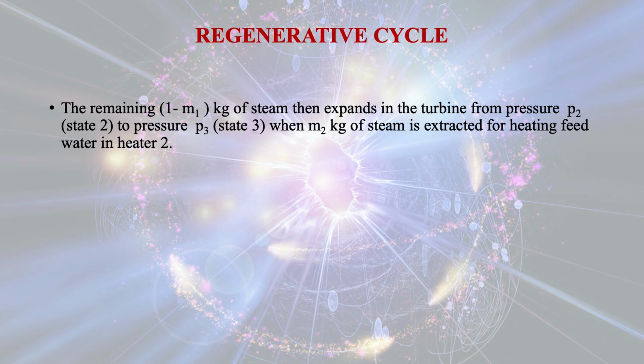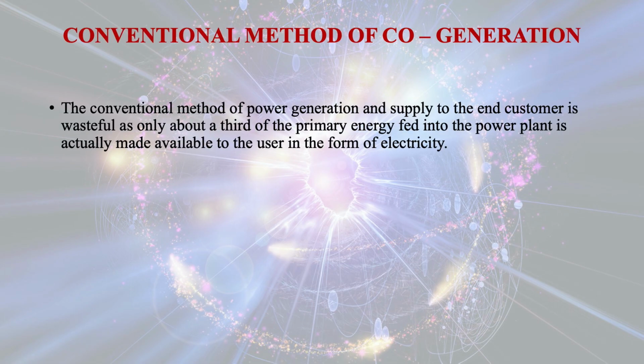When m2 kg of steam is extracted for heating feed water in heater 2, 1 minus m1 minus m2 kg of steam then expands in the remaining stages of the turbine to pressure P4, gets condensed into water in the condenser and then pumped to heater 2, where it mixes with m2 kg of steam extracted at pressure P3.